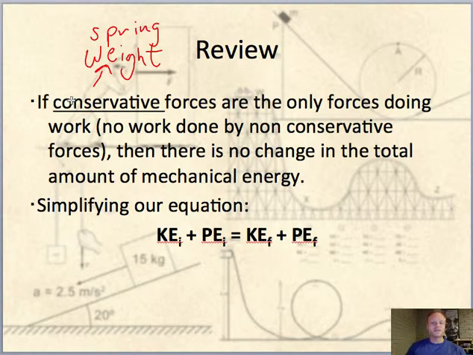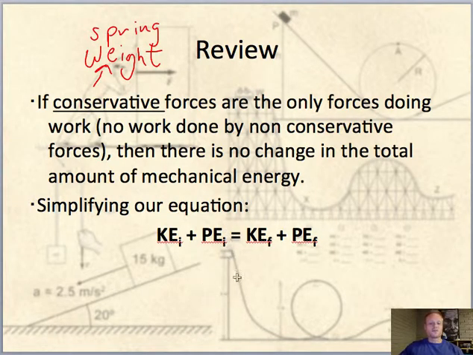Now, if it's only a spring force or a weight force acting upon an object, then we can simplify our equation from the previous lesson, where we have the initial kinetic energy plus the initial potential energy equals the final kinetic energy plus the final potential energy. These two sides of the equation must equal each other.